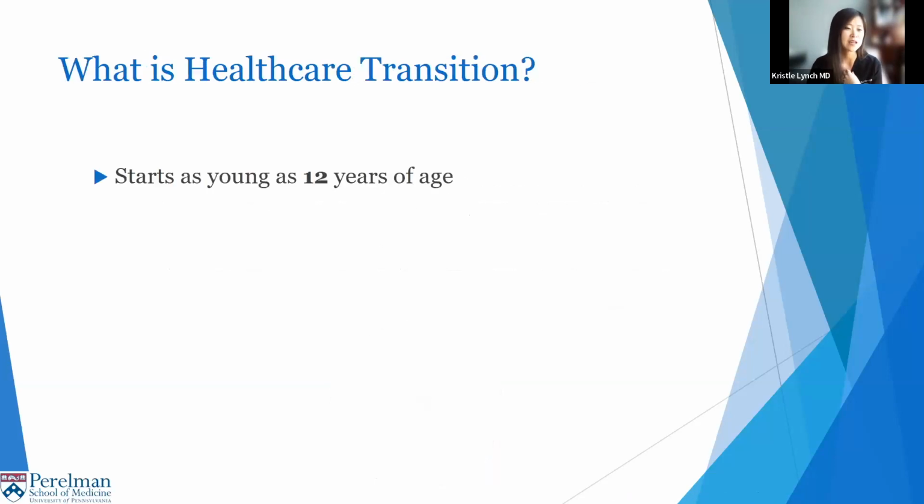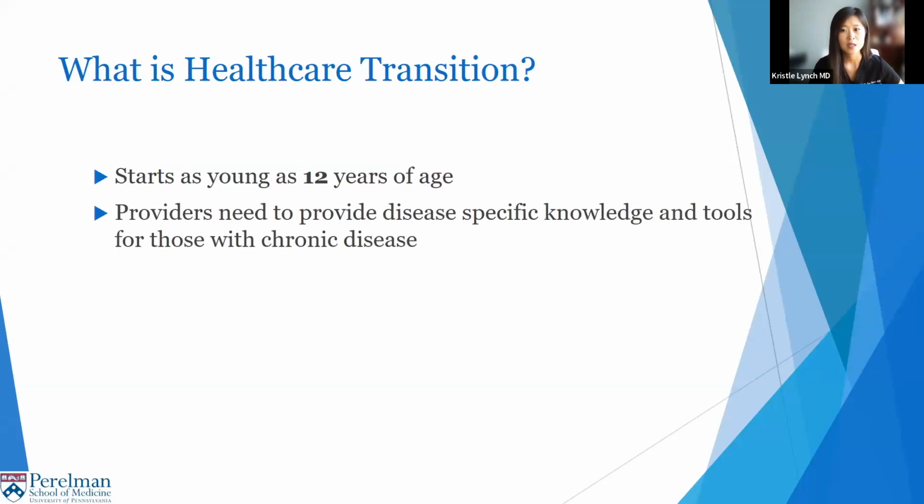Healthcare transition actually can start as young as 12 years of age, which is often surprising. People will typically think of, oh, there's some sort of quick transition at age 18, but the actual process of transitioning can start as young as 12 years. And providers need to provide disease-specific knowledge and many tools for those with chronic diseases.